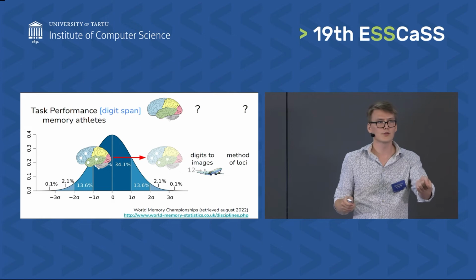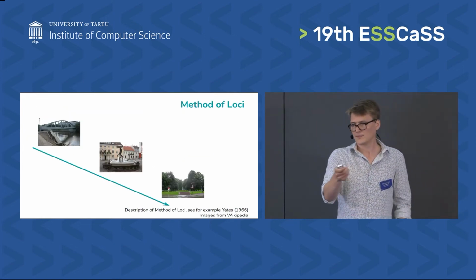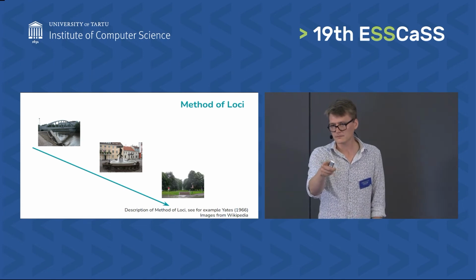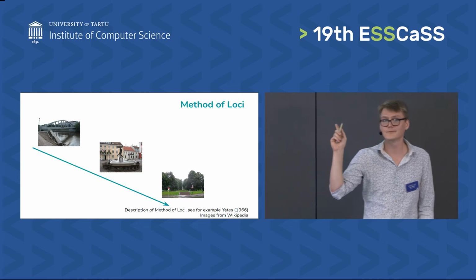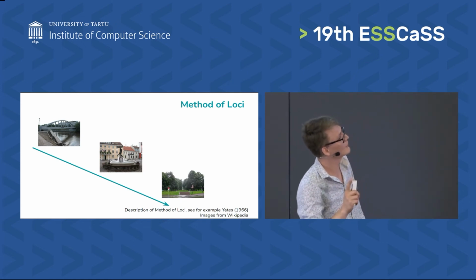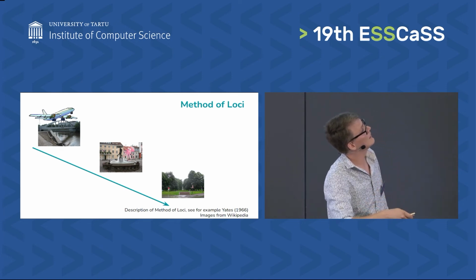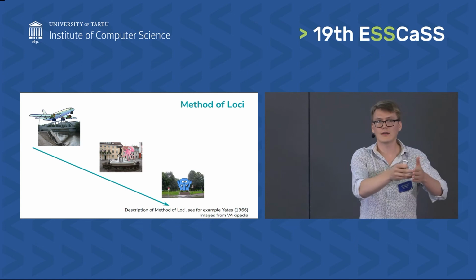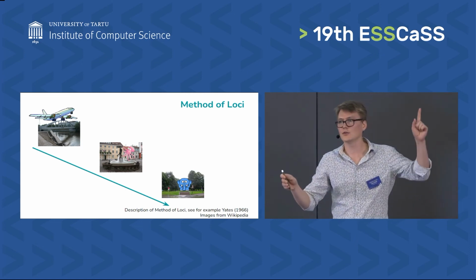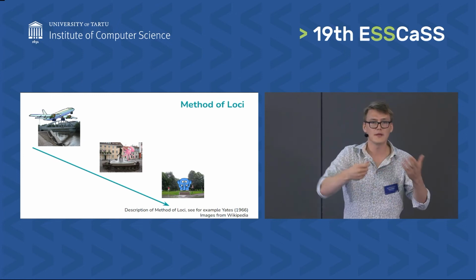And for those of you who don't know what the method of Loci is, it's basically a method where you imagine yourself on a familiar journey. This is, for most of you, a familiar journey in Tartu. And then you imagine the things you need to recall on that journey. And because you already have a very clear structure that you know, adding something that you don't know but want to recall later becomes super easy.